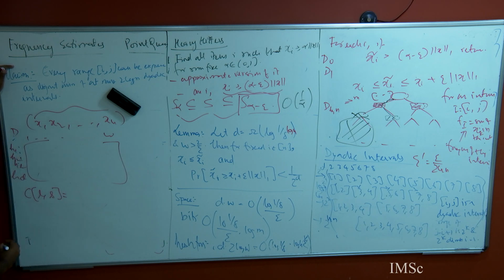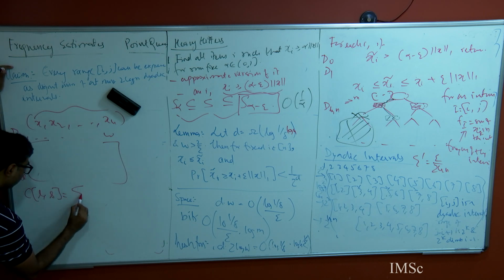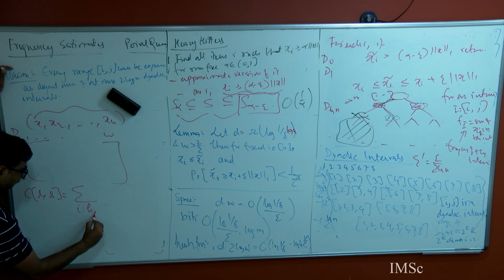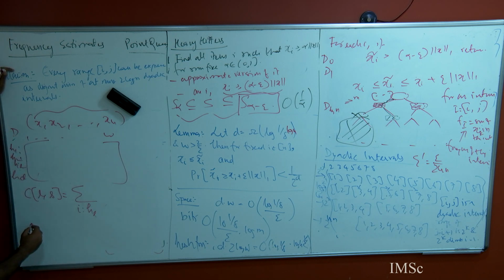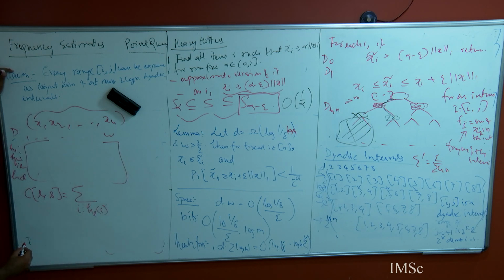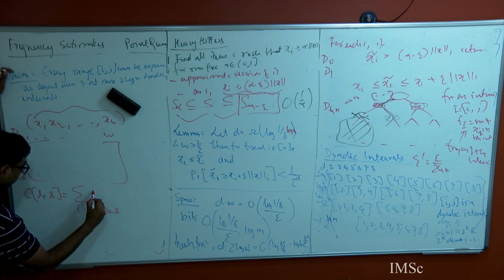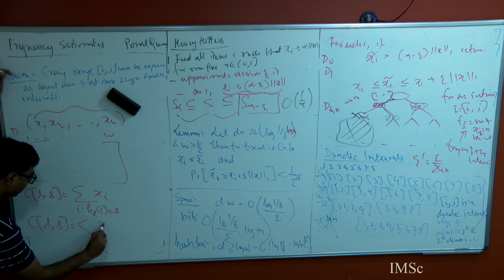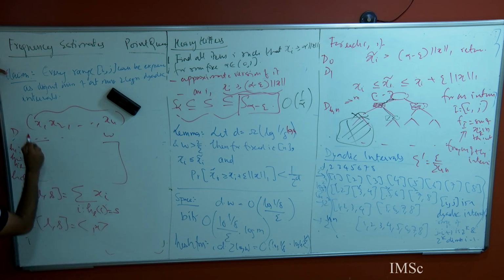Okay. And what was C_L,S? We said it is the sum over all those i such that H_L of i is equal to S, of x_i. This is what it was. So once the hash function is fixed, I would like to write C_L,S as some vector u dot x.